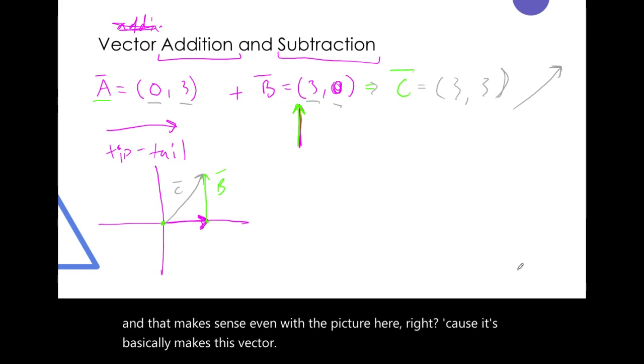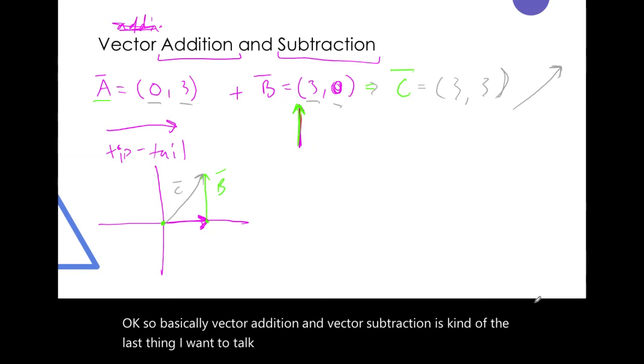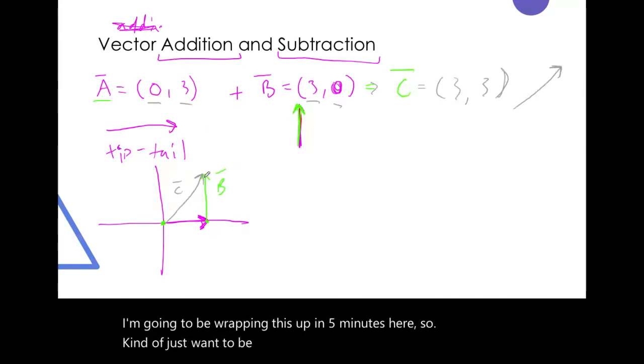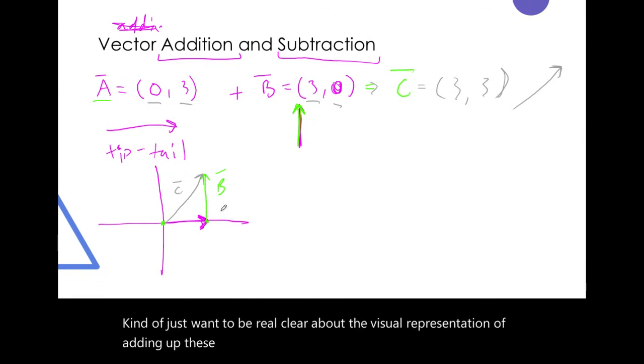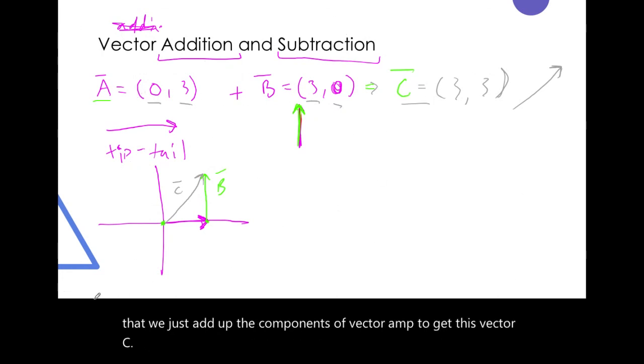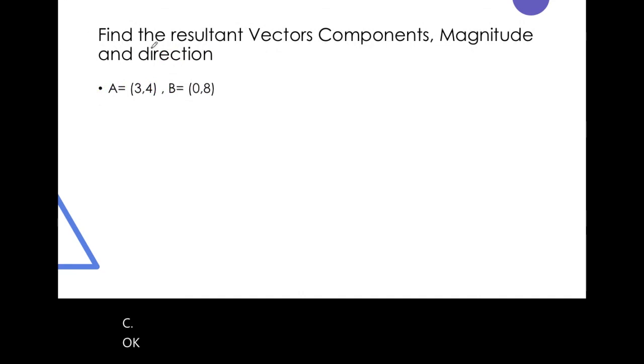Okay, so vector addition and vector subtraction is the last thing I want to talk about. I'm going to be wrapping this up in 5 minutes. I just want to be real clear about the visual representation of adding up these vectors and subtracting them. So it makes sense that we just add up the components of vector A and B to get this vector C. Okay, so let's do this one here.